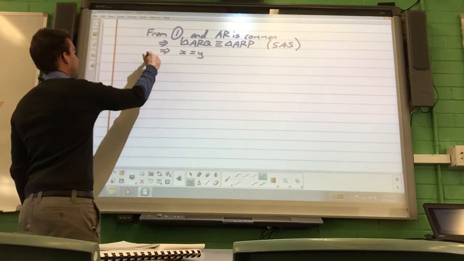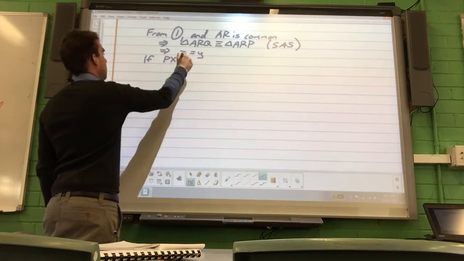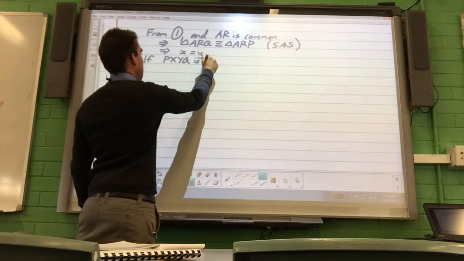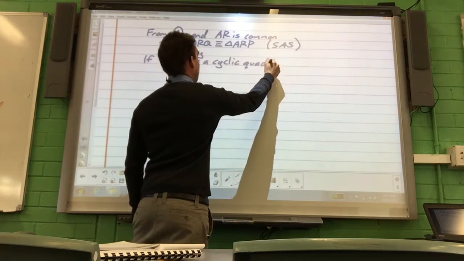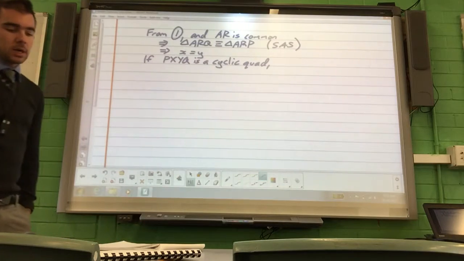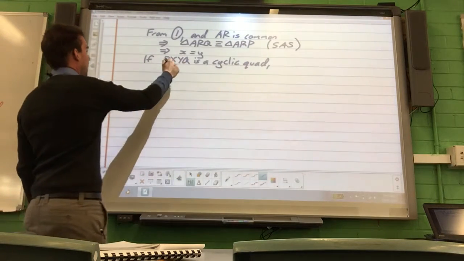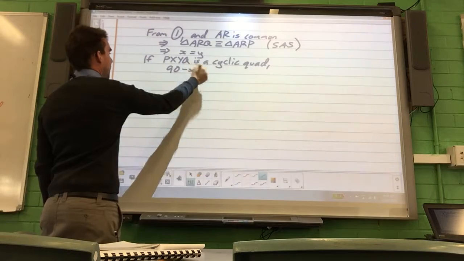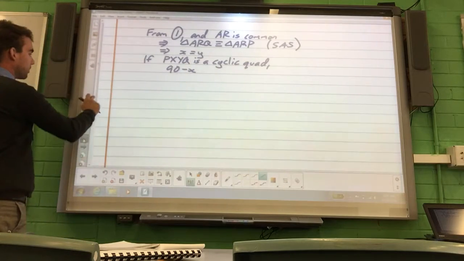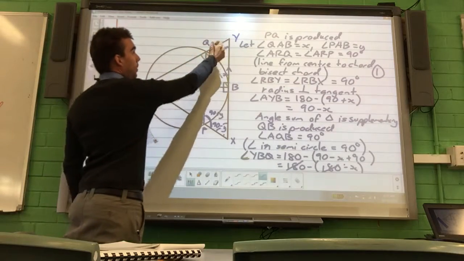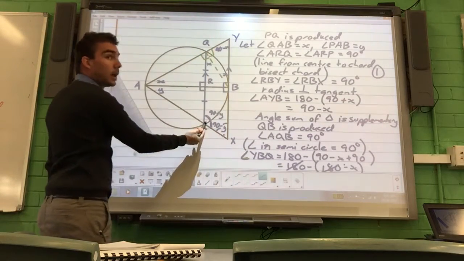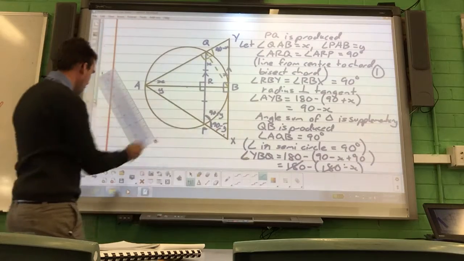So, next bit, if PXYQ is a cyclic quad, this must mean that 90 take away x, the angle at the top, and the opposite angle, 90 plus y.